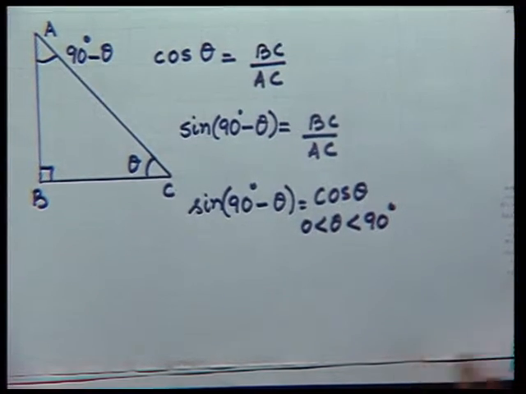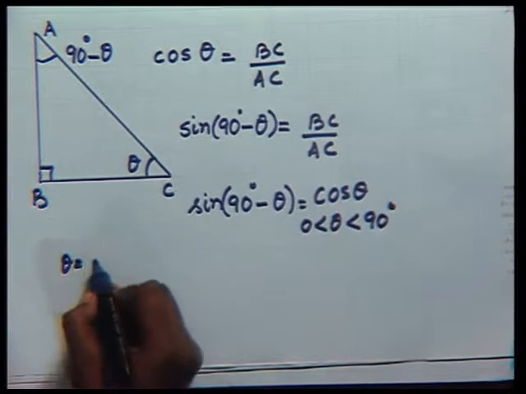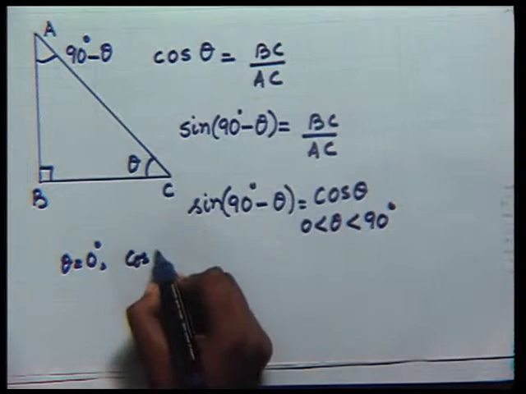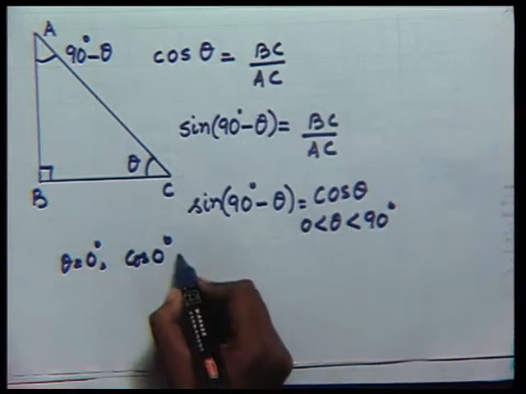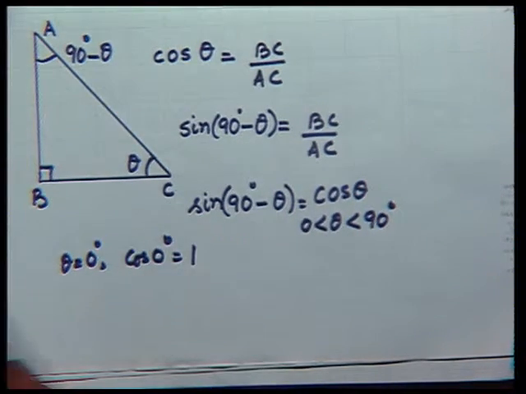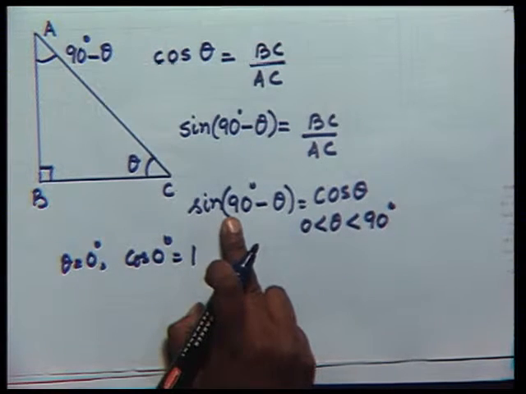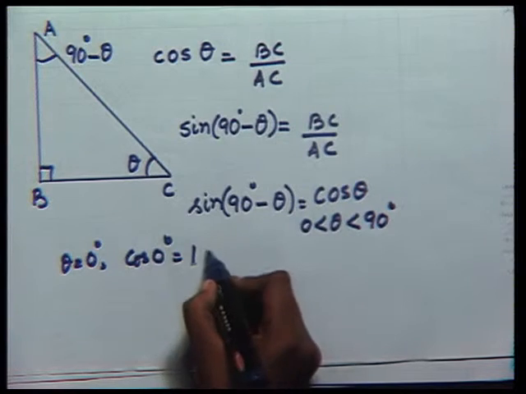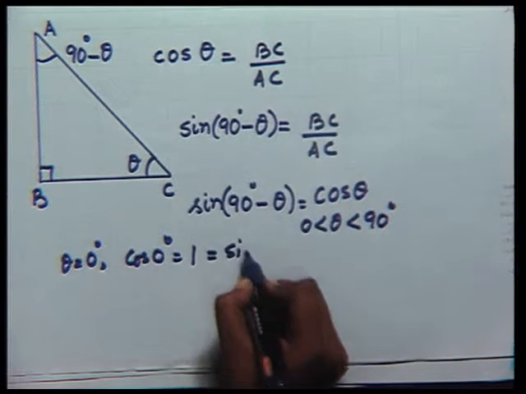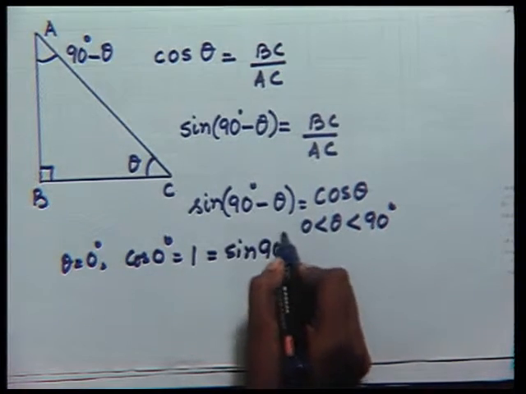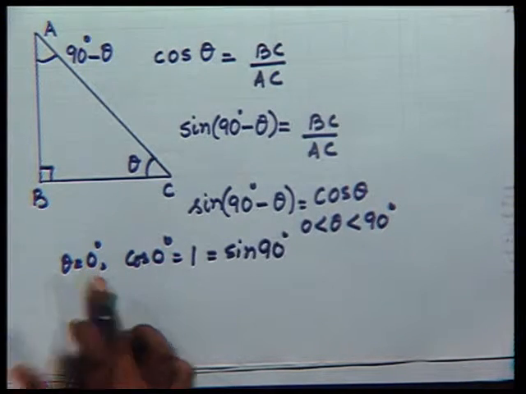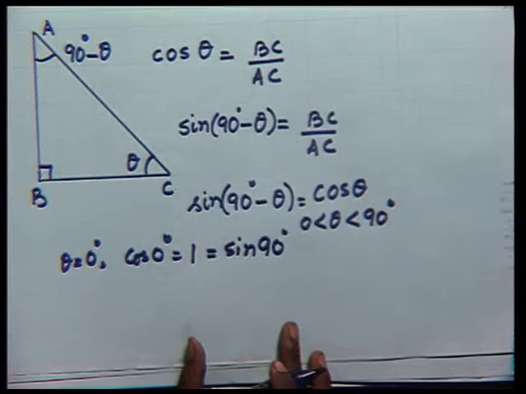We can also check that for theta equal to 0 degrees, cos 0 degrees is equal to 1 and sin(90 minus 0) becomes sin 90, and we know that sin of 90 degrees is again equal to 1. So, for theta equal to 0, this is defined.